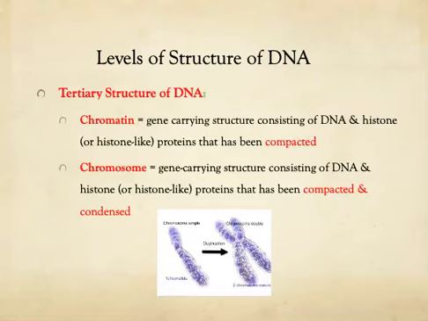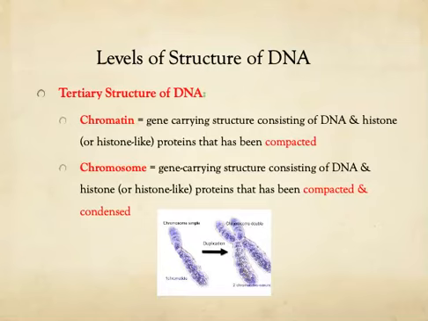These bundles of DNA and histone protein will then stack up in a very complex structure that is referred to as being compacted DNA. That is what chromatin is. It's DNA that has been systematically wrapped around histone proteins and compacted.